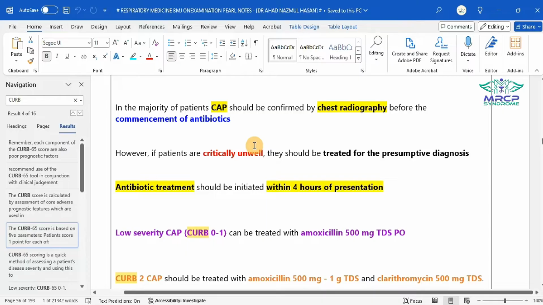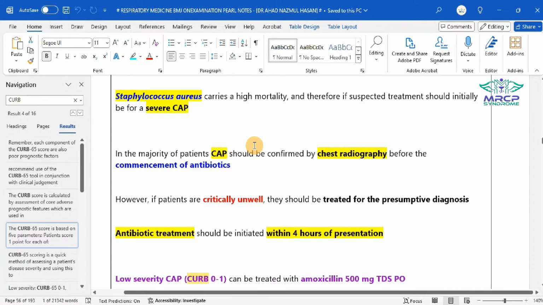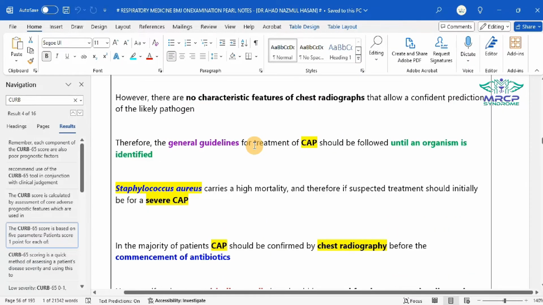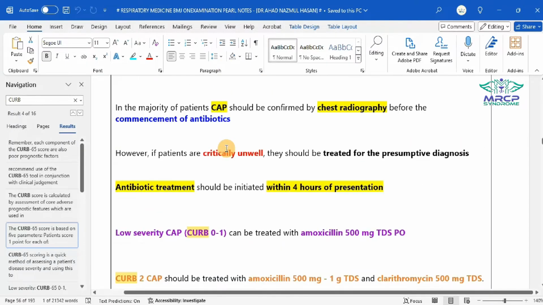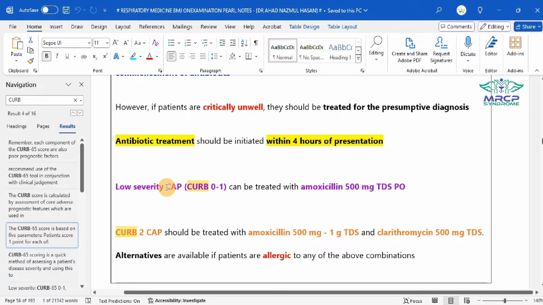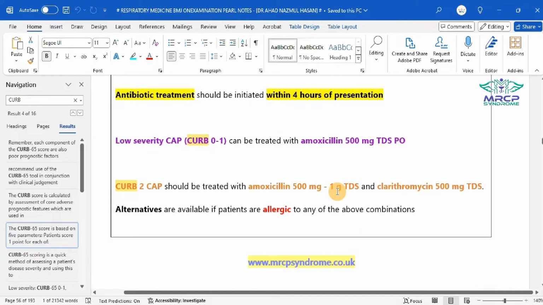Also, let me show you the treatment based on the scoring. Whenever you get multilobar shadowing or cavitation, always consider Staphylococcus aureus. In case of low severity, when the score is 0 to 1, you can go for amoxicillin 500 milligram 3 times daily.